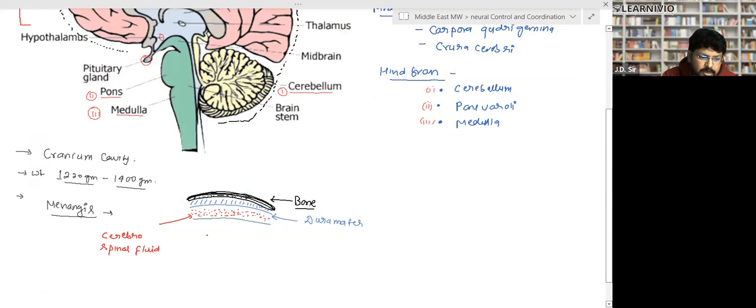This is a webby membrane, and this membrane is called arachnoid matter.